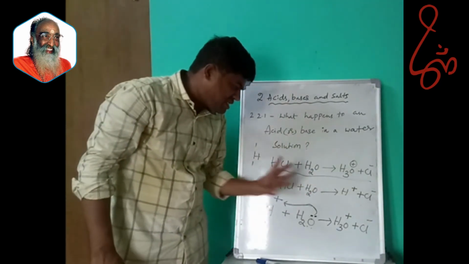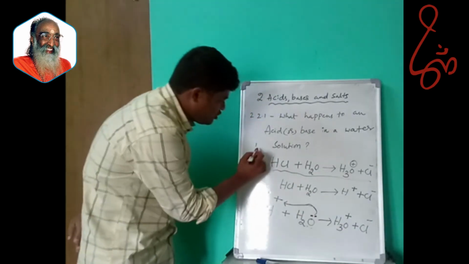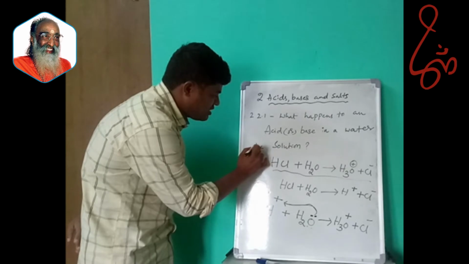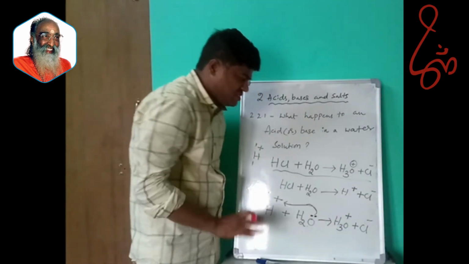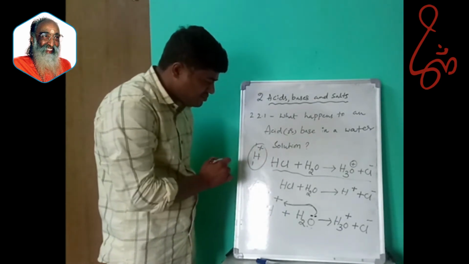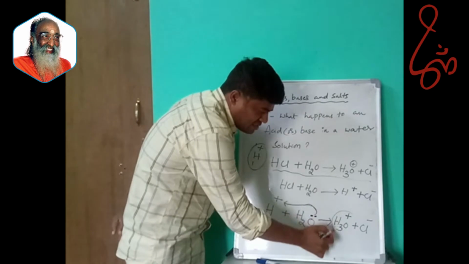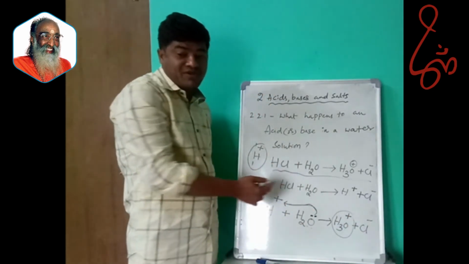Why is water necessary here? The separation of hydronium ions or H+ ions, you can also write H+, but the accurate form, H3O+, is very correct, does not occur in the absence of water.